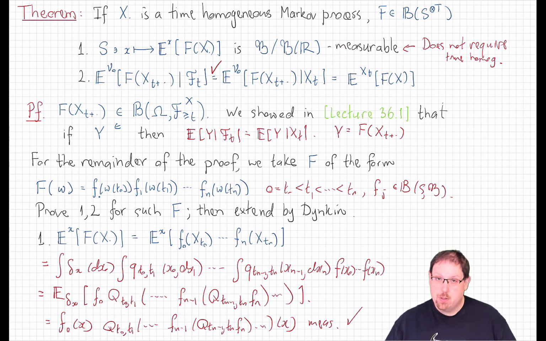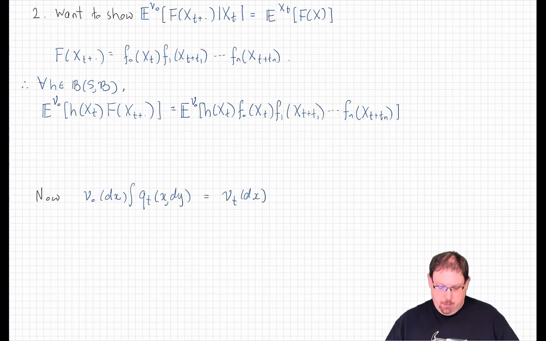That's just always true. Now for property 2, once again restating it, we want the second equality here, which is the statement that if I start the process at time 0 in distribution mu naught, and then I look at the process shifted forward by time t, conditioned on the process at time t, that gives me the same as if I start the process at time 0 at xt.